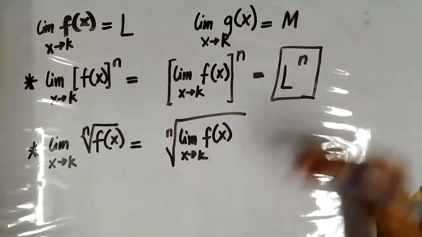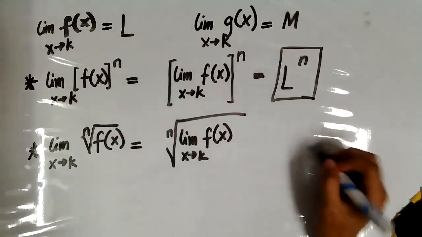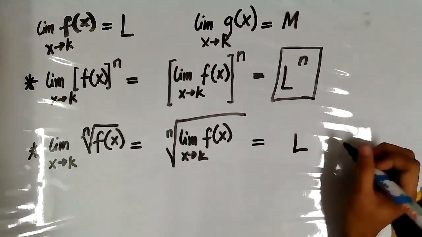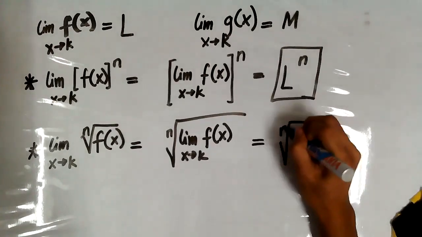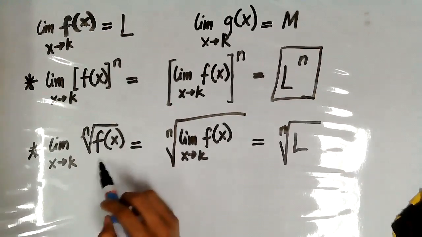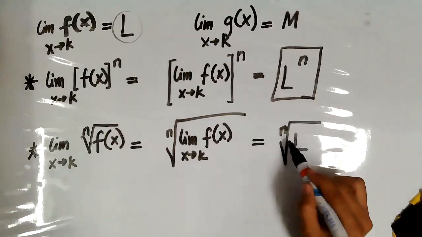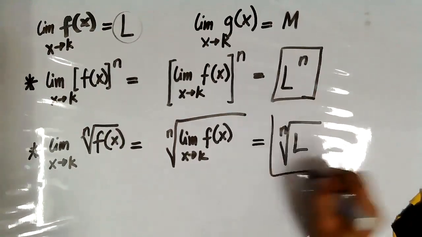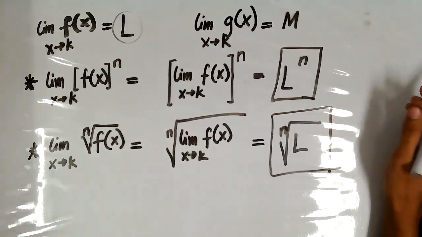As your limit of your function f is equal to L, then that's the time that you're going to get the nth root of your limit. So basically, if you get the limit of the root of the function, you just get the limit of the function before you get the nth root. All right? So this is the limit of getting the root of the function.